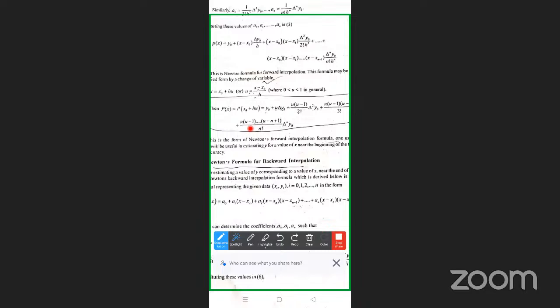So this can be written as y naught plus uc1 delta y1 plus uc2 delta y2, plus up to ucn delta power n y.